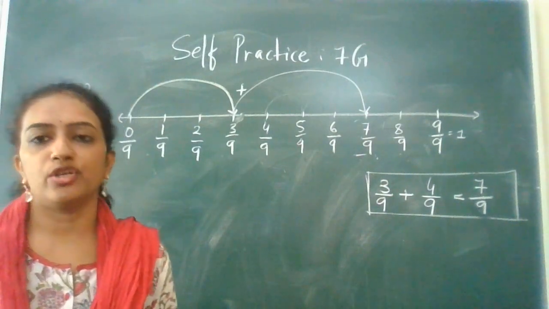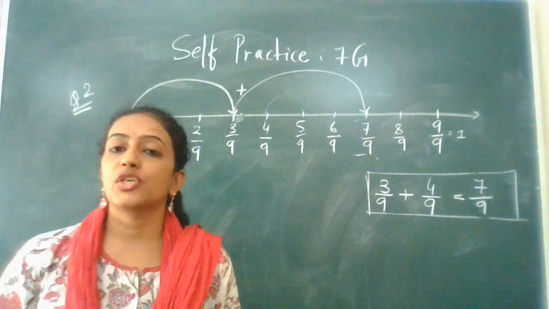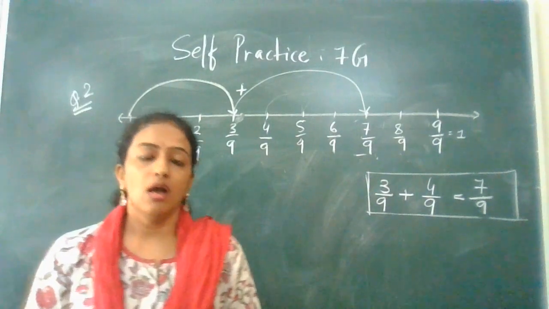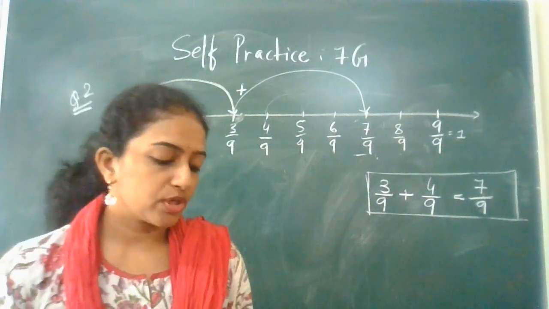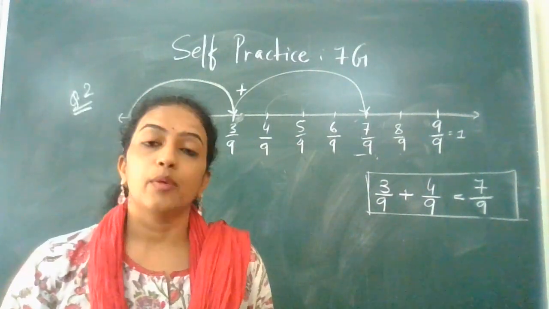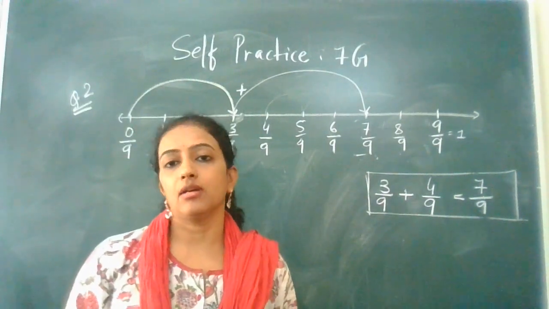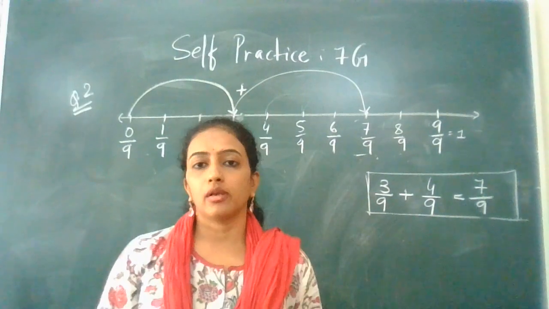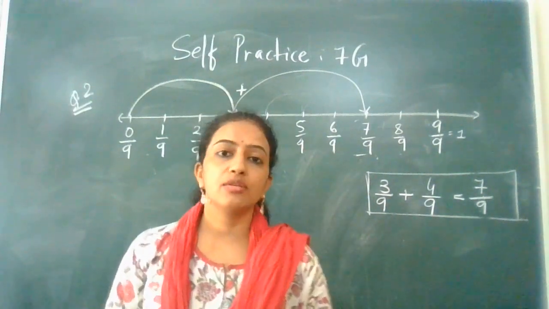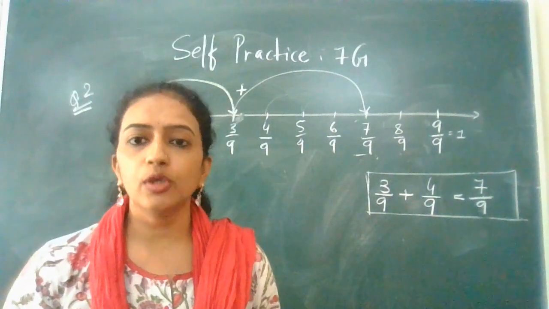Now we'll be doing question 3 in the classwork. We'll also be doing question 4 in the classwork, question 5, 6 and 7 as well in the classwork. So it means only question 1 and 2 are to be done in the textbook.